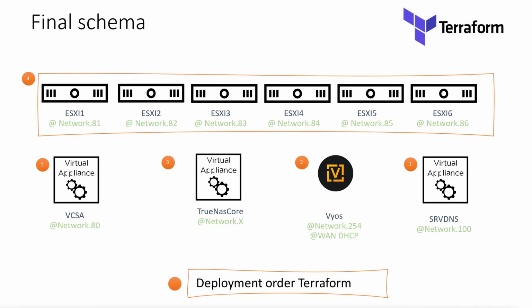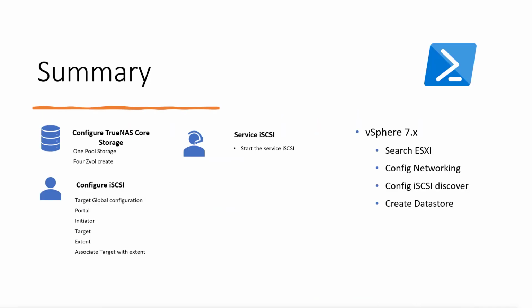So here is the environment that I built with Terraform on my vSphere. Here is a summary of what I can do with my PowerShell script and my PowerShell module. I configure my TrueNAS Core storage. I create one pool and 4 ZVols. Then I configure my iSCSI services: target global, portal, initiator, target, extent, and finally associate target with extent.